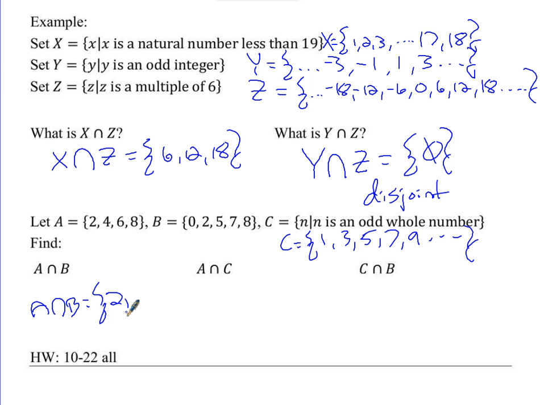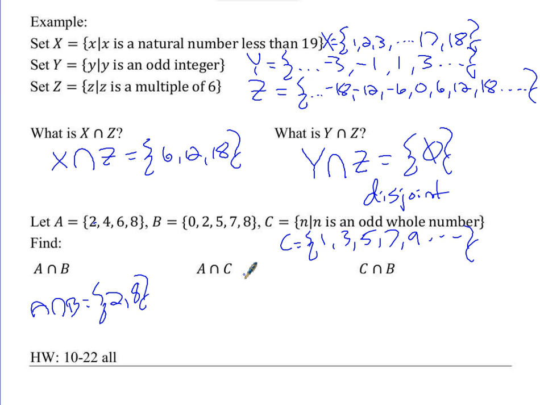Anything else? And that's it. The easiest way to do that is to just pick one set and say, okay, I got a 2 there, I got a 2 there, so 2. 4 there, no 4 there, so that one doesn't work. 6 there, no 6 there, so that one doesn't work. 8 there, 8 there, so that one works. And now I've looked at every single one in this set, which means I'm done.